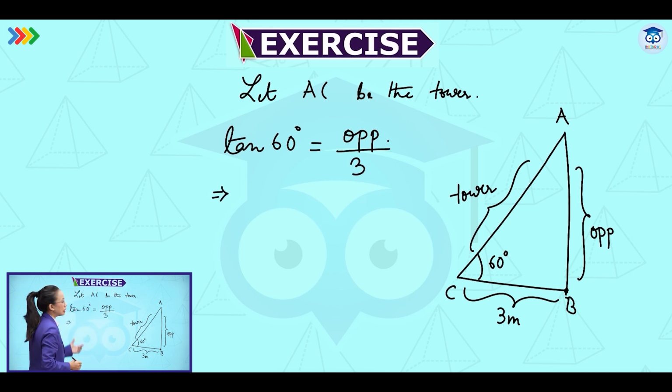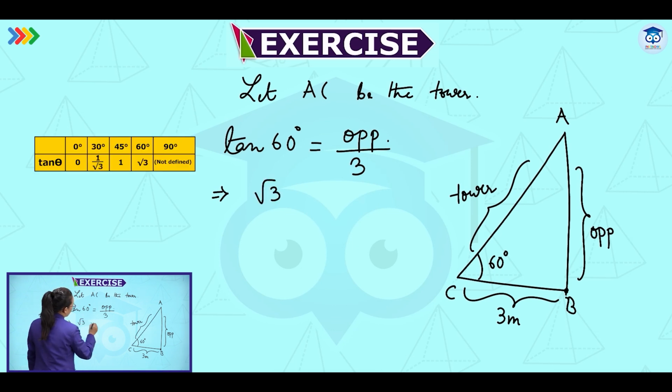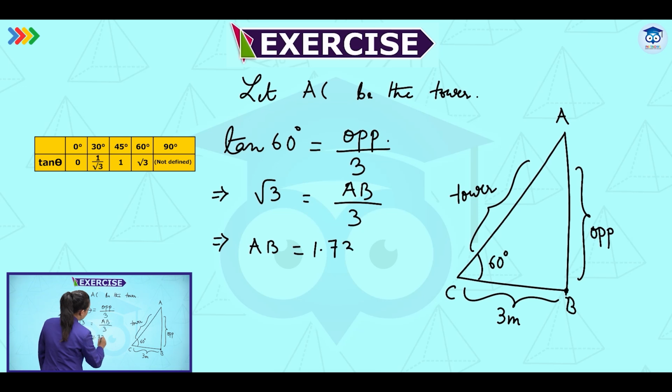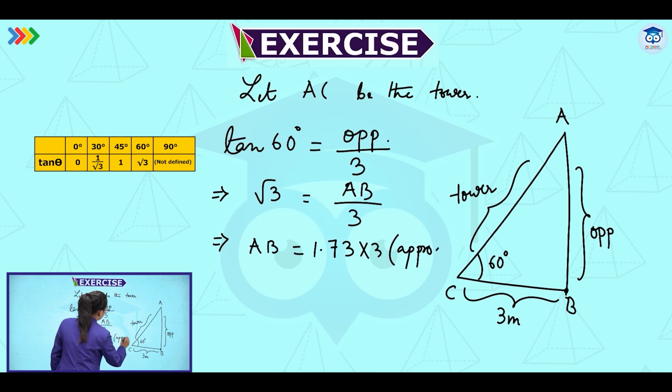We all know that tan 60 is root 3. The opposite is AB, so AB upon 3. So AB value is equal to 1.73 multiplied by 3 as the approximate value, okay? So we can calculate it and find out the value, right?